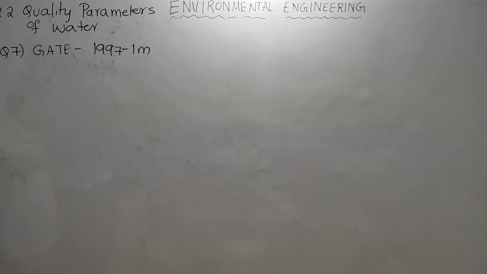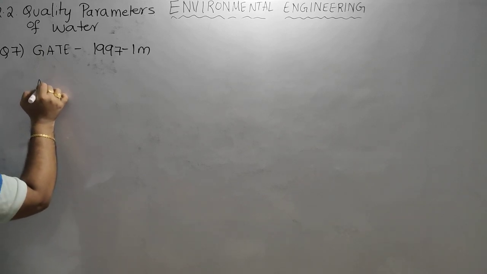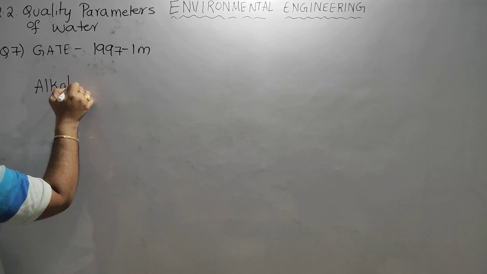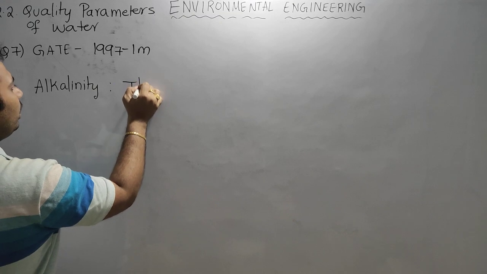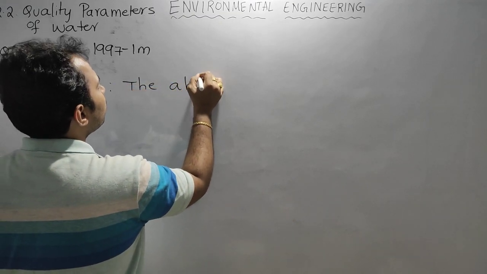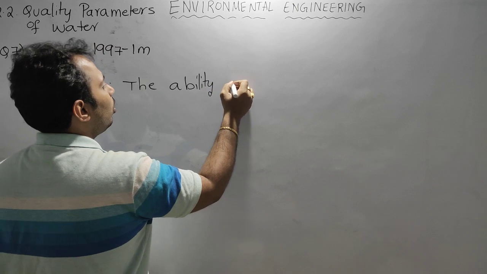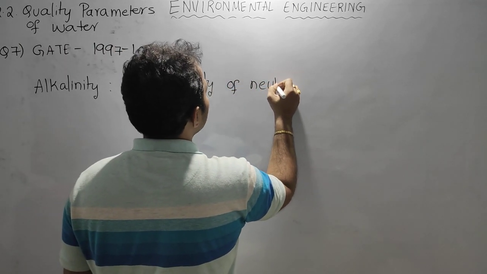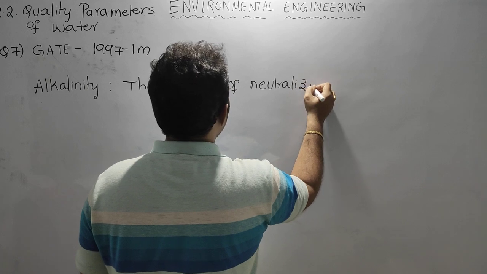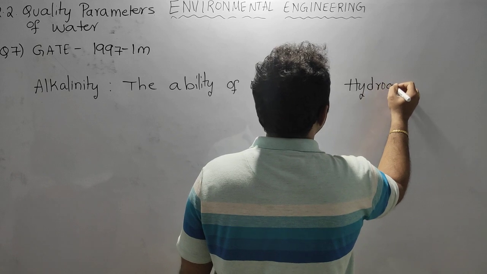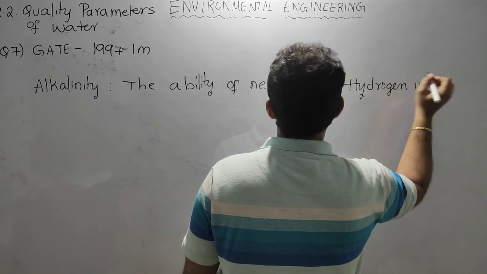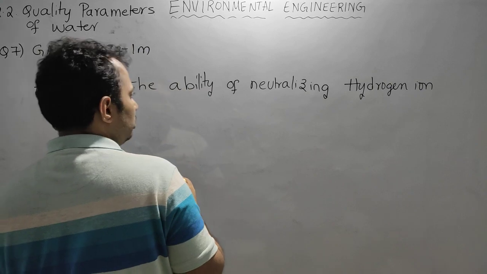The question is like this: alkalinity of water can be defined correctly in one of the following. See, alkalinity is defined in 2 ways. One is the capability or the ability of neutralizing hydrogen ion, which is called alkalinity.